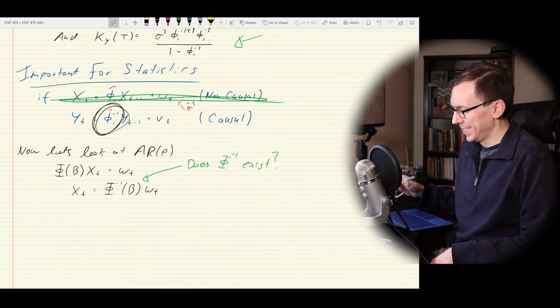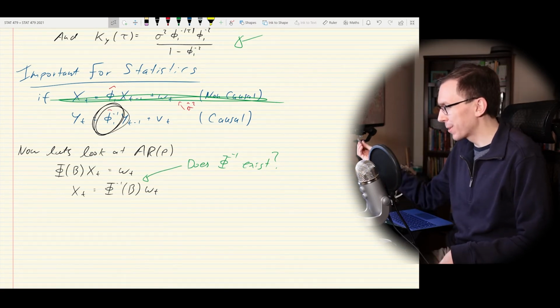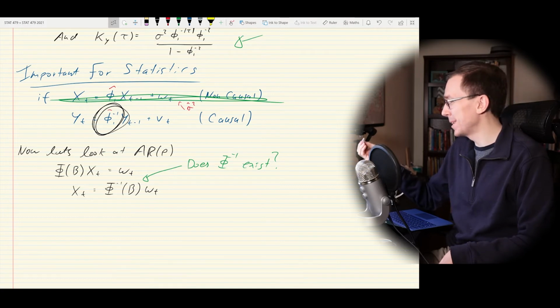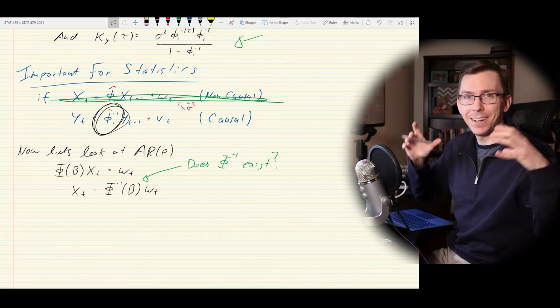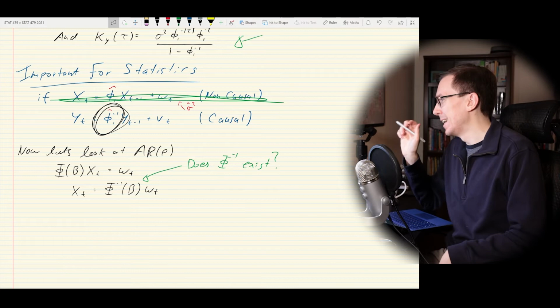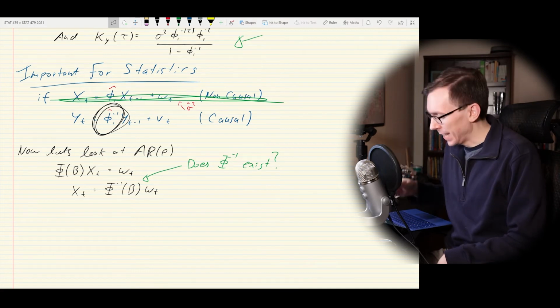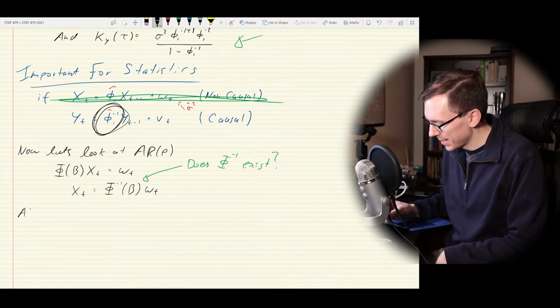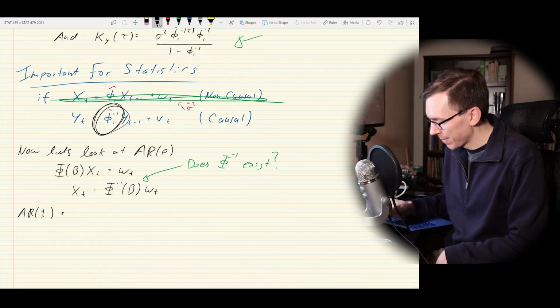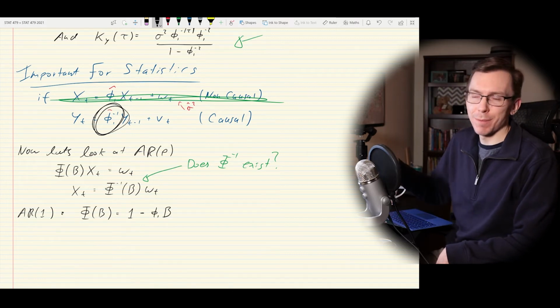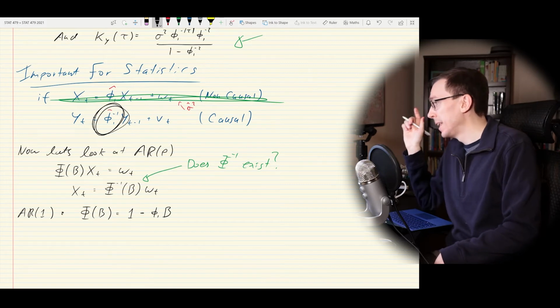So now, again, we're going to go back to the AR1 process because it's the easiest thing for me to write down to give you a concrete example to look at. So if we look at the AR1 process, this one's a little bit easier to look at. What we would have is that my capital phi of B here is going to look something like 1 minus phi 1 B, based on the definition from the beginning of the course.